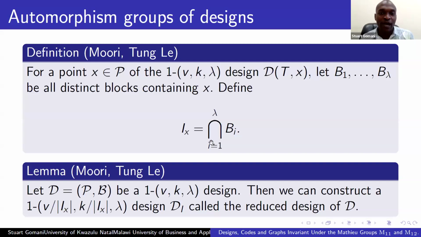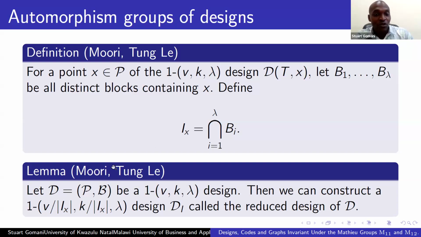And so now we define an intersection of those lambda blocks, and we denote that intersection by I sub x. So what we're going to do is take the number of elements in the intersection and divide that number into the size of the point set of the design and the size of the block.